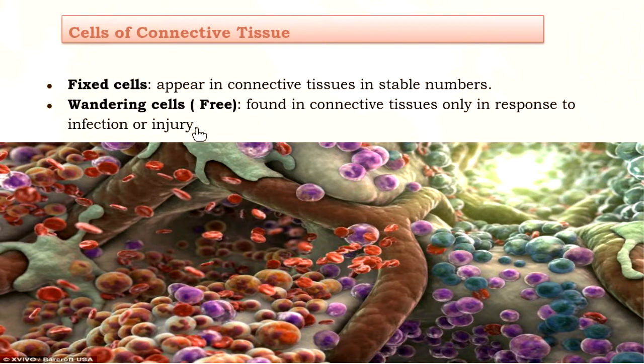That means they are not always present in a fixed number. Whenever there is an infection or injury, they come as a line of defense in the connective tissue. Is it clear? That means 4 types of cells: immature cells, mature cells, fixed cells, and wandering cells. These are the 4 types of cells present in the connective tissue.